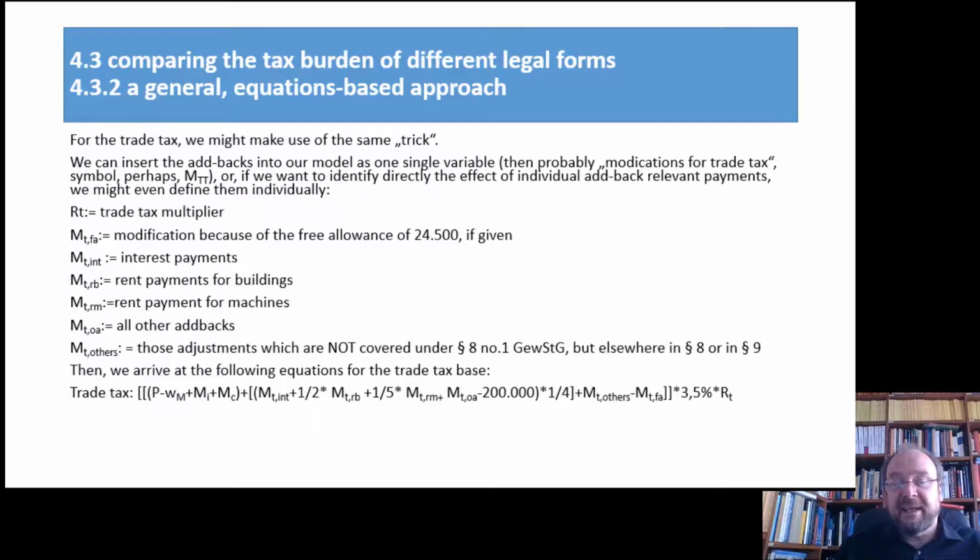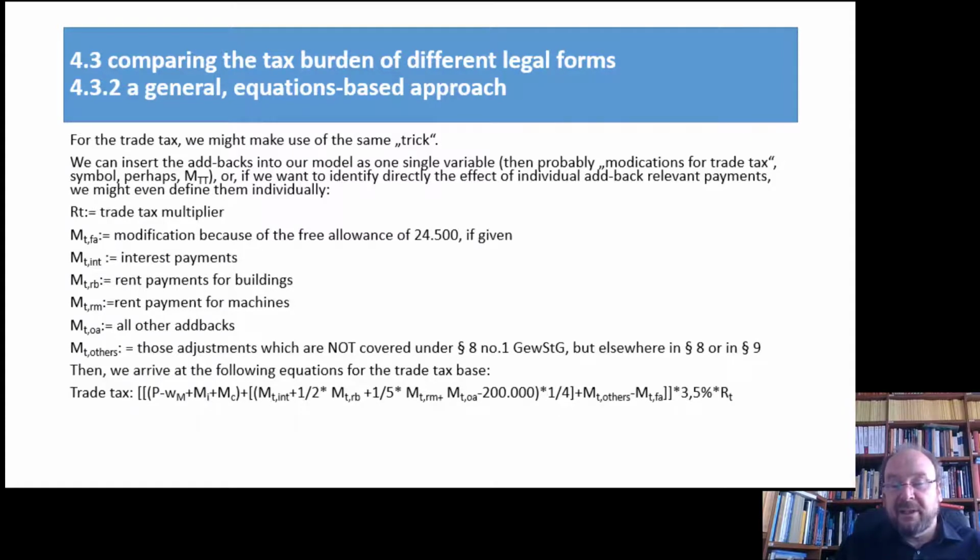The add backs under 8 number 1 would be the modification of the interest payments, then half of the rent payments for buildings, then 1/5 of the rent payments for machines and similar movable property, then all the other modifications under 8 number 1, minus a free allowance of 200,000. All that what remains taken by 1/4.